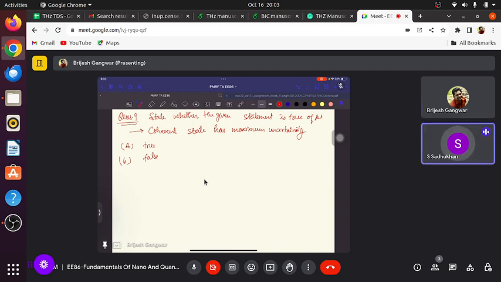Sir, uncertainty in what? In what quantity will it be defined? Yes, this is the true one. This is true because coherent state has the maximum uncertainty. Why?